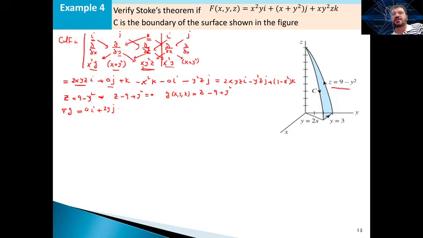And then we differentiate with respect to z, which is 1k. This implies that the magnitude of the gradient of g is the square root of 4y squared plus 1. Which implies now n is (0i plus 2yj plus k) divided by the square root of 4y squared plus 1. That's n.